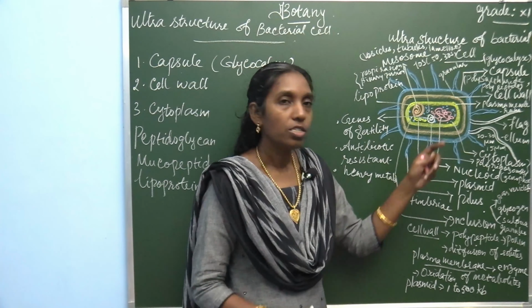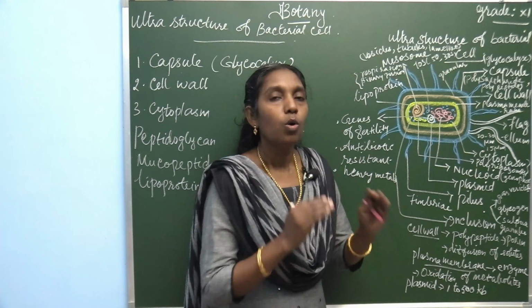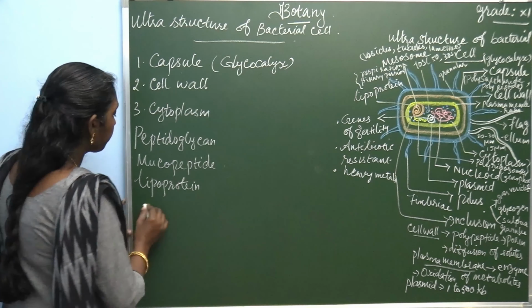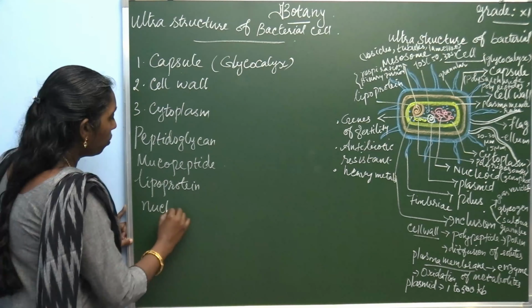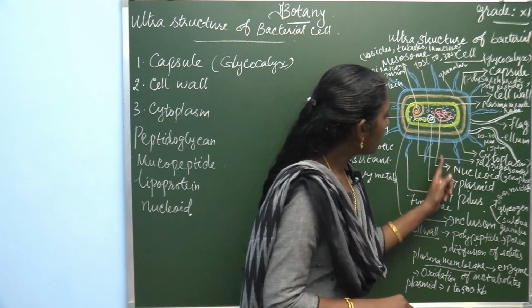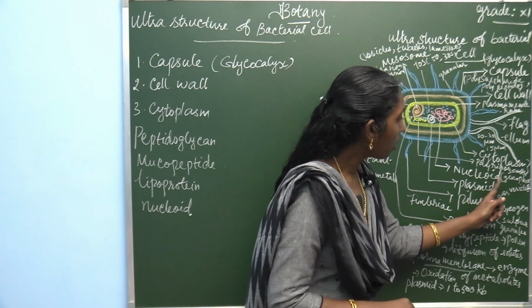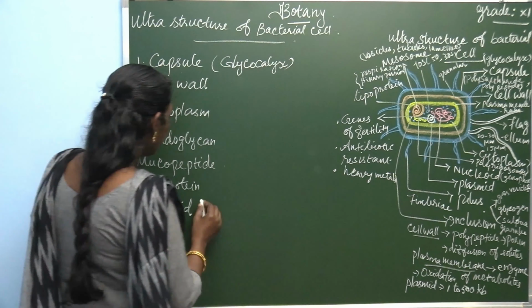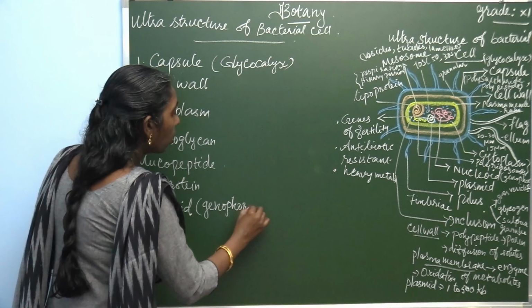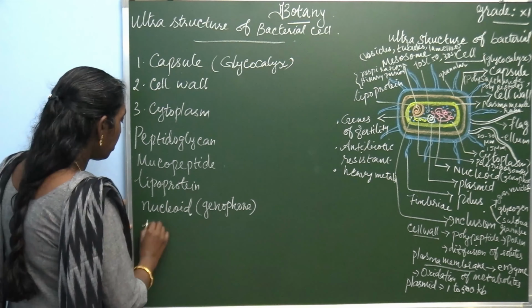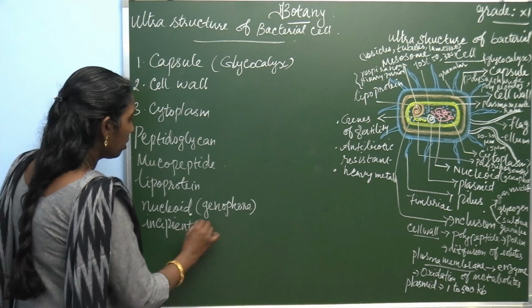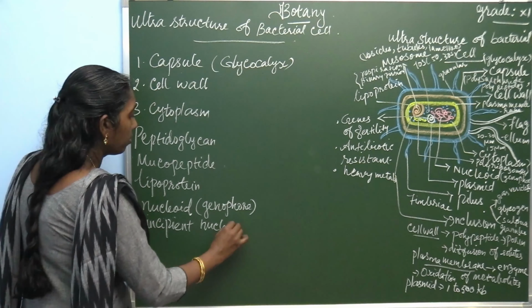So, it consists of a genetic material which is known as nucleoid, or it's called genophore. Another name is incipient nucleus.